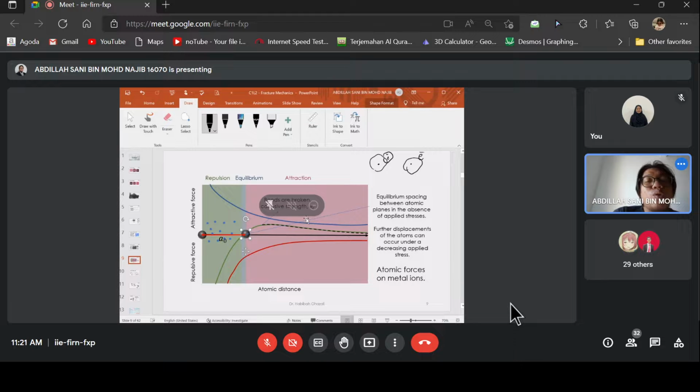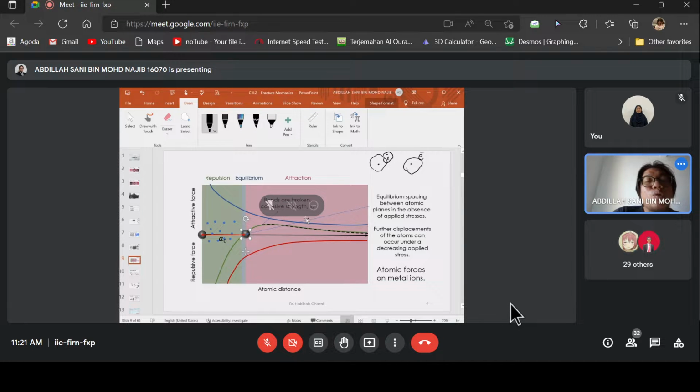So it is balanced right there. They are like a short distance friend. They cannot come so close, but they don't want to be too far. So they sit at the equilibrium distance, and this is what we call the interatomic spacing. There's a space between two atoms, the interatomic spacing.